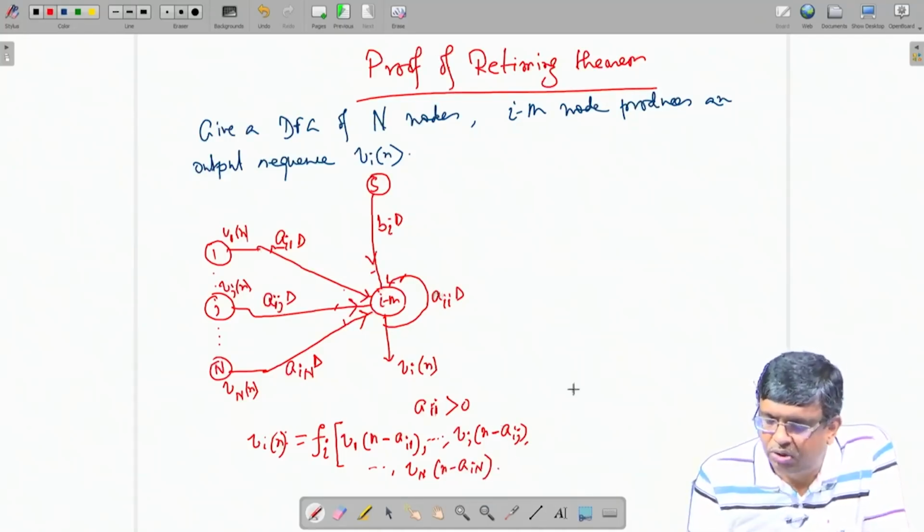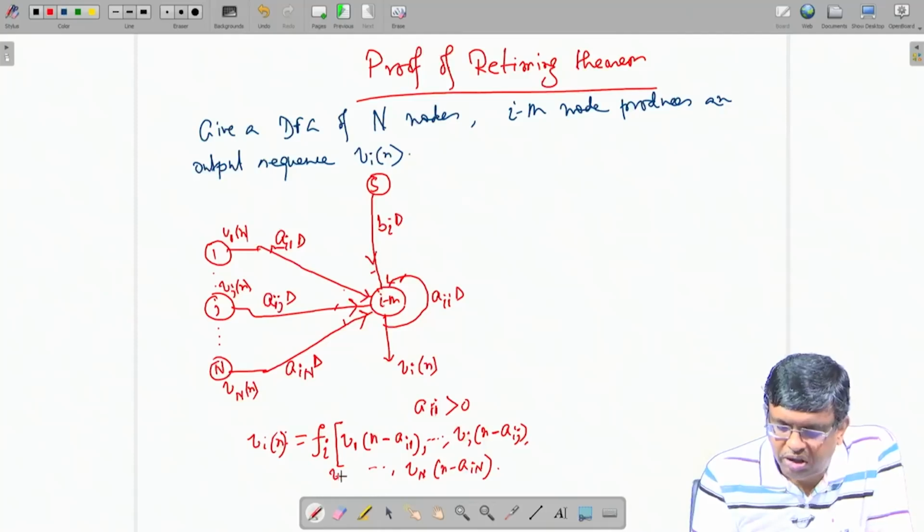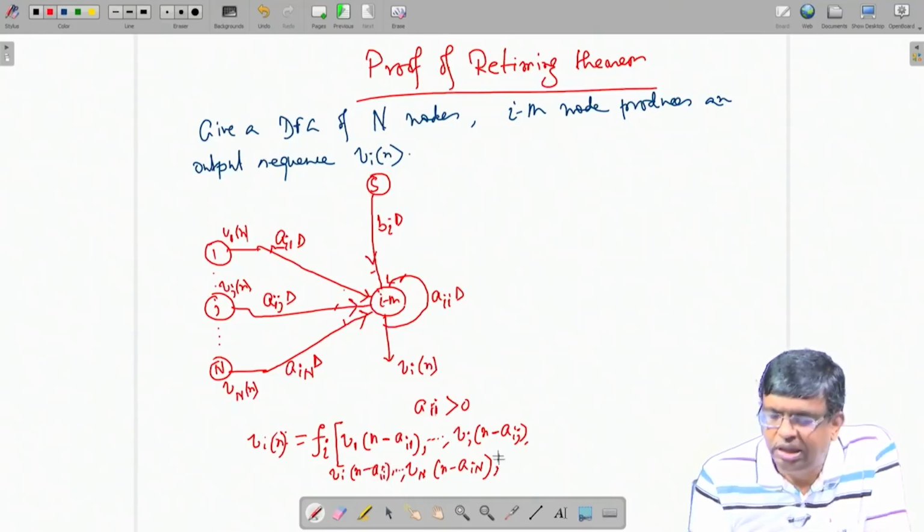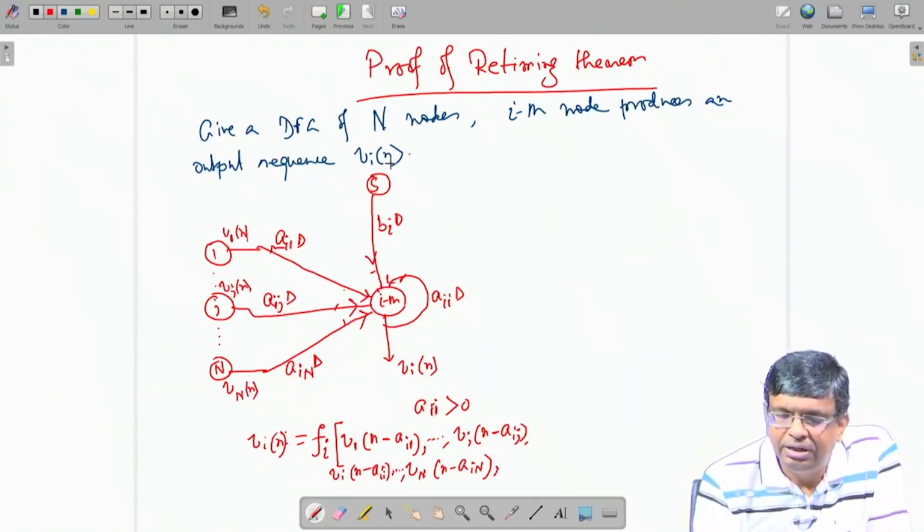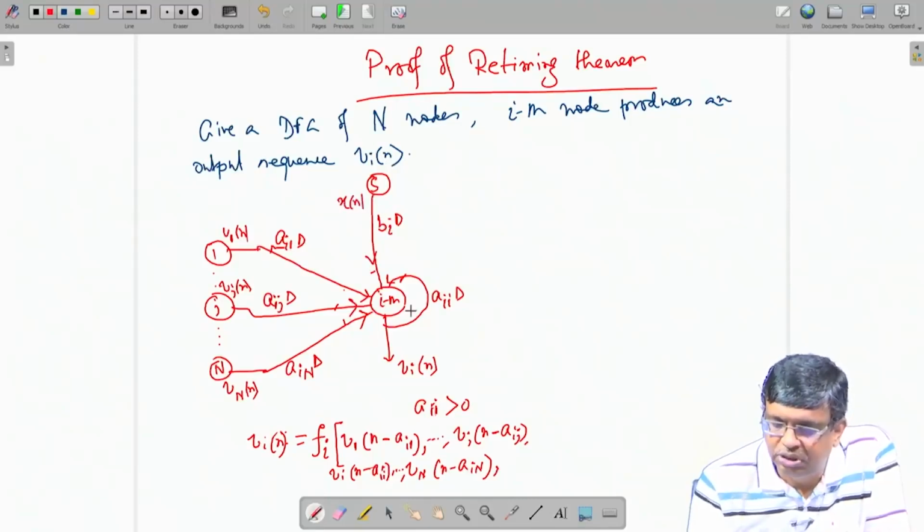If you want, you can write this one also, V_i itself, n minus A_ii, dot dot dot, and lastly, if it is generating a sequence x_n, x_n comes with a delay here.